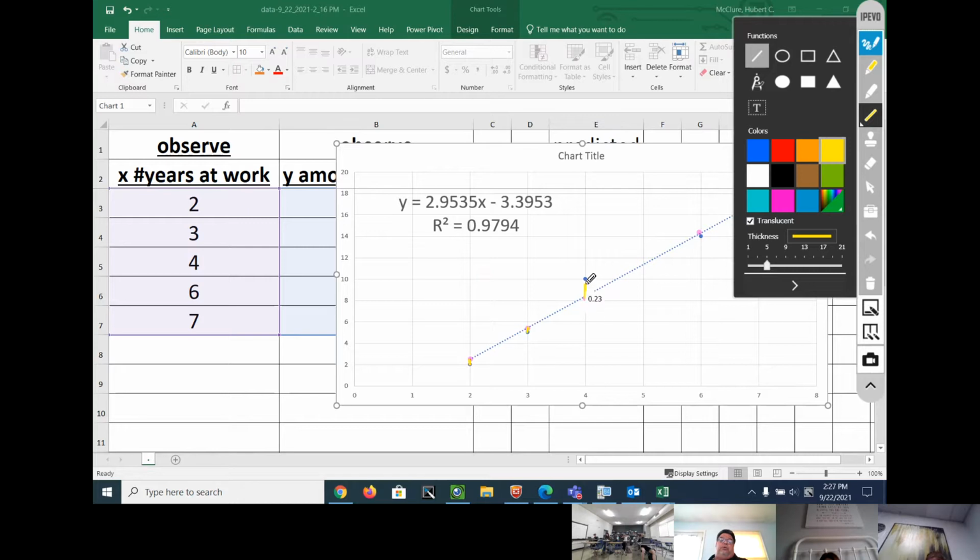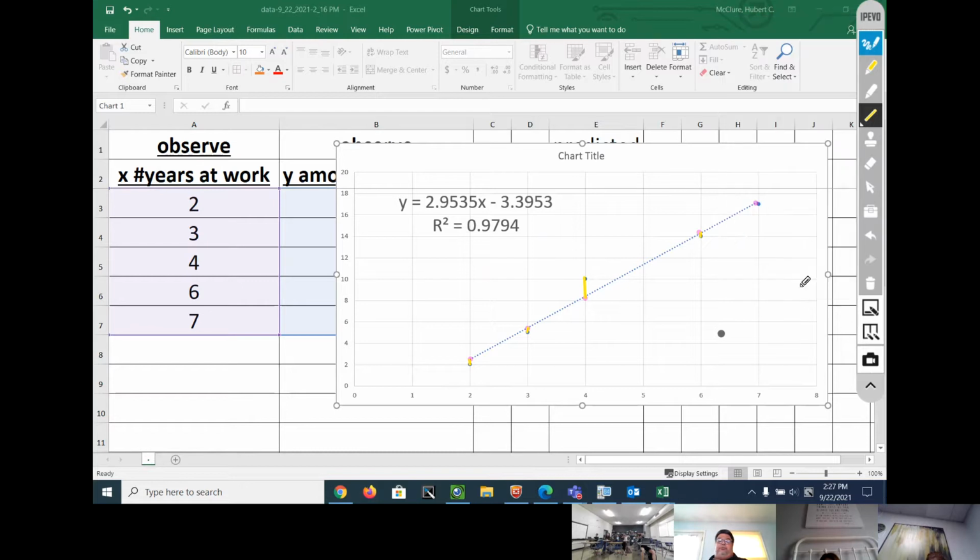These yellow areas right here, can anybody tell me what they represent? You can see the middle one right here, and this one right here. Okay, the yellow marks, can anybody tell me what those represent? Standard deviation.